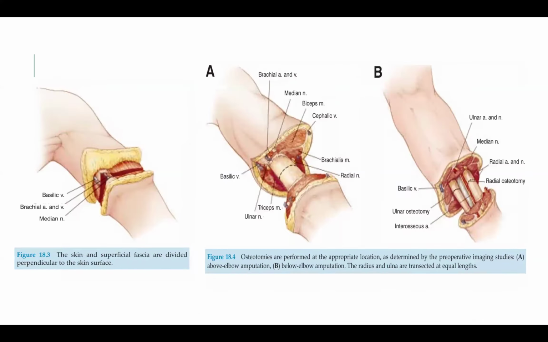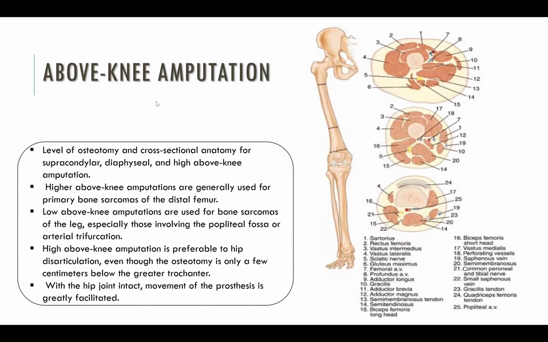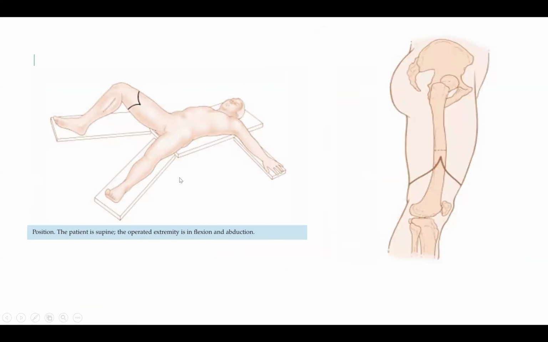Okay, Praveen, continue. Sir, this is the above knee amputation. The patient's operated extremity should be in flexion and abduction position as shown in this picture.